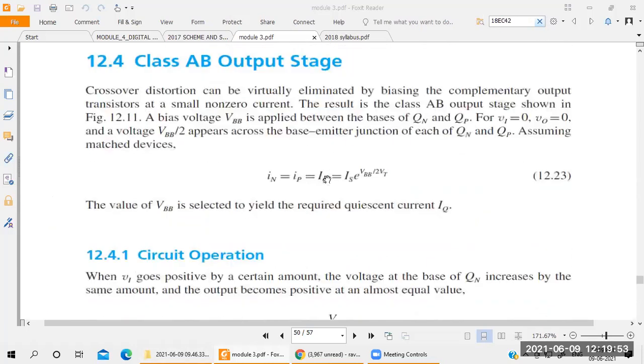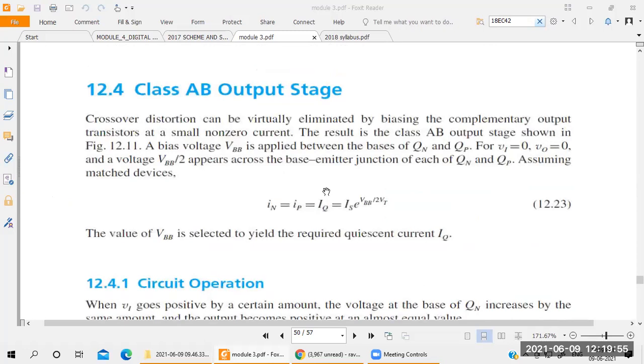So next, take the equations here. Crossover distortion can be virtually eliminated by biasing the complementary output transistors at a small non-zero current. What you saw in class B, that is the crossover distortion in the output, that is the drawback here. That drawback you can eliminate in the class AB amplifier. Understood?